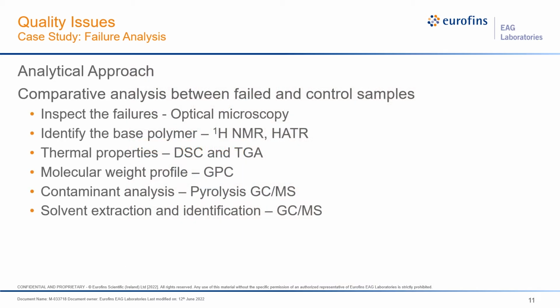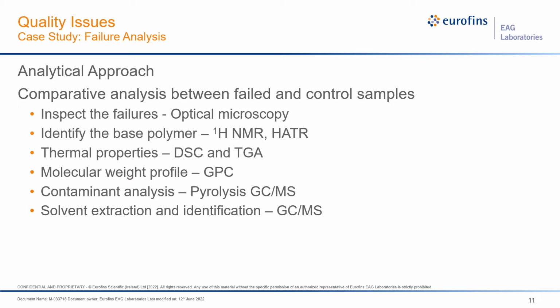The analytical approach that has been decided on has been displayed on your screen. It was decided that a comparative analysis between the failed and the control sample was to be performed. One of the tests that involved the failure was an inspection of the failures using optical microscopy.